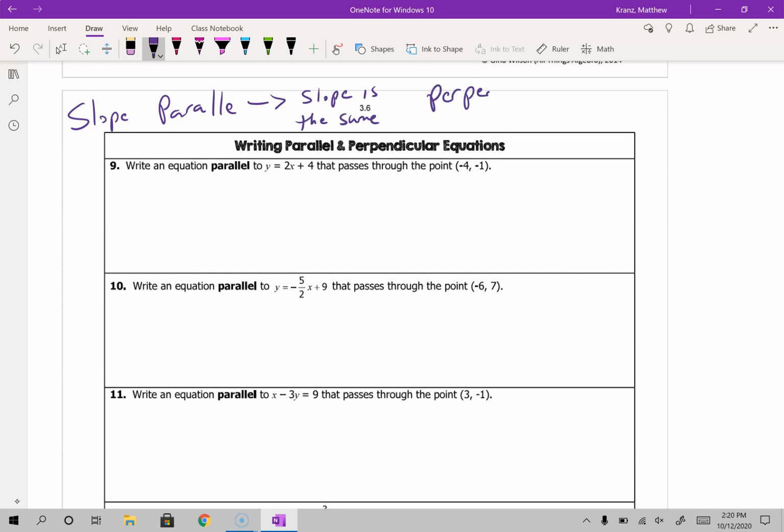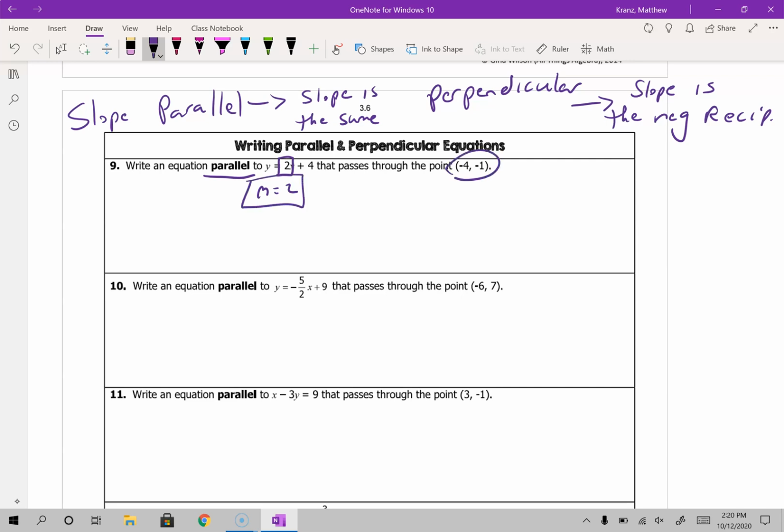Perpendicular, slope is the negative reciprocal, right? So write an equation parallel to that line. So what we do is we find the slope first. Slope is 2. So we know our new line has to have a 2.